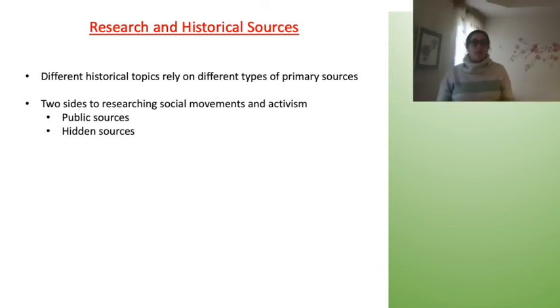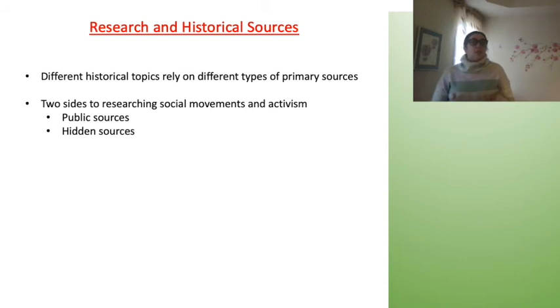We already know from this course that different topics of study use different types of primary sources. So, depending on what we're looking at, we might use or rely on oral histories. We might look towards published documents. We might look at newspapers or photographs. All of these sorts of different sources can answer different questions.